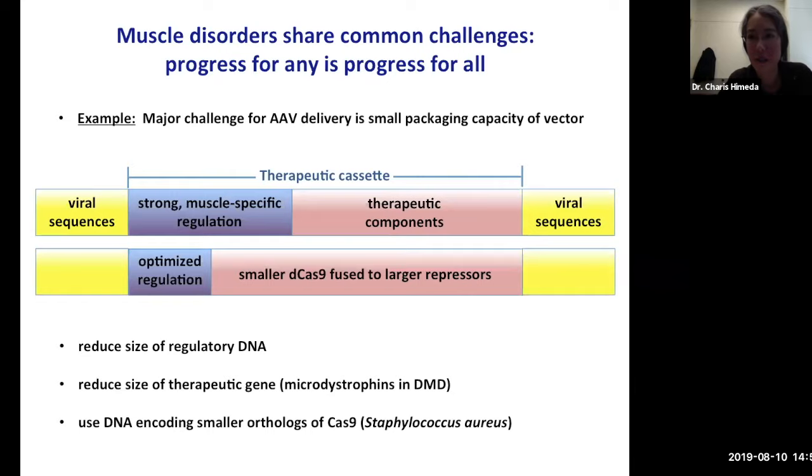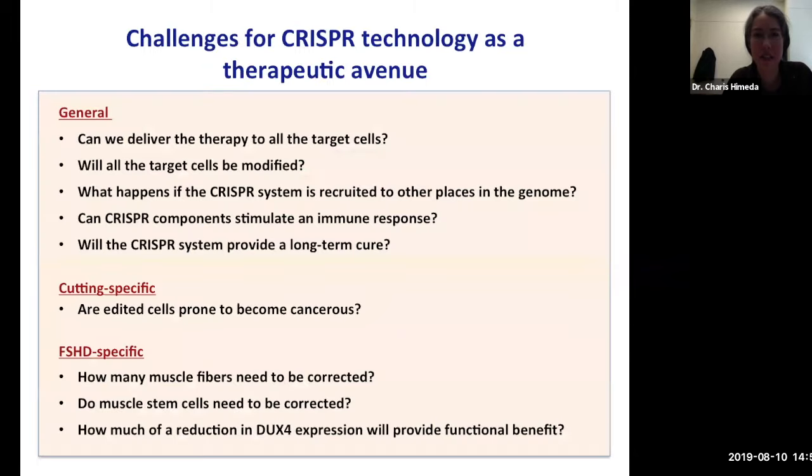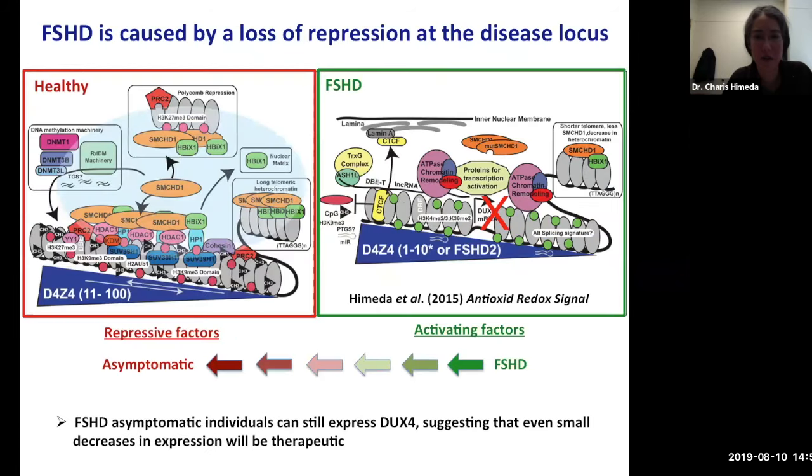Yeah, we're definitely working on that as well. The more recent paper beyond this CRISPR work was identifying regulators of DUX4 expression. Basically, I did a small scale screen to identify new activators of DUX4. So not just the proteins that we're losing that we want back, but the activating proteins that are actually turning it on that we want to get rid of.